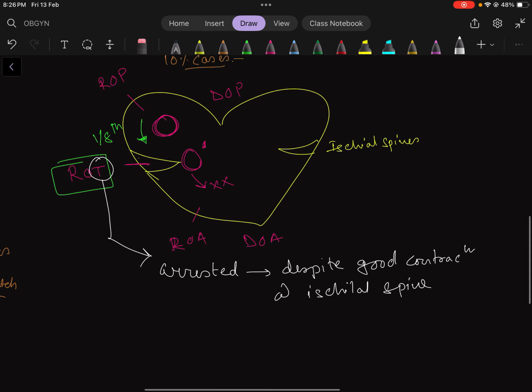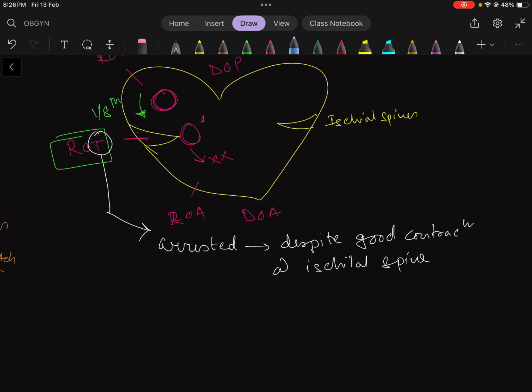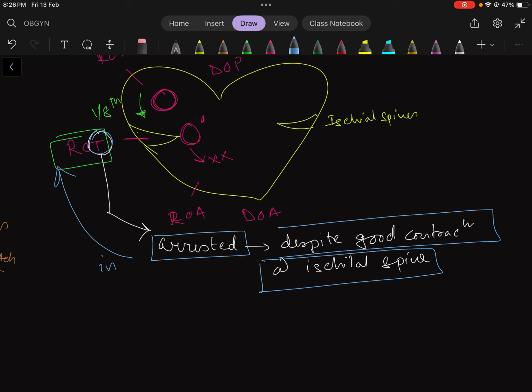So when there is an arrest of the head at the level of ischial spine in ROT position or in transverse position, despite having good contractions, this is what we know as DTA or deep transverse arrest.